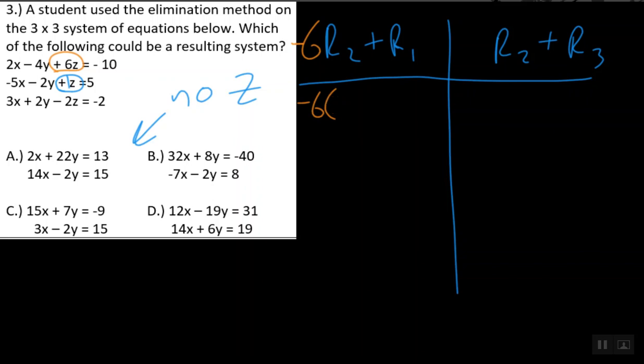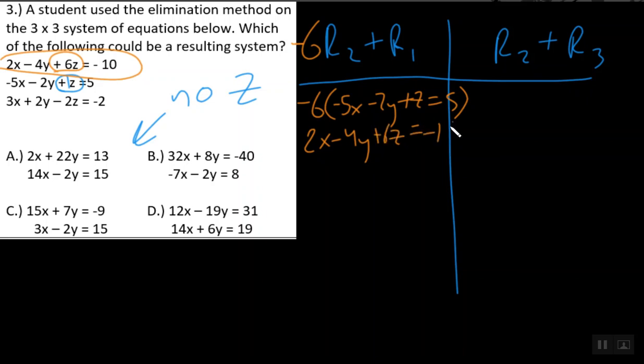So negative 6 times negative 5x minus 2y plus z is equal to 5. And then down here I have my row 1, which is of course 2x minus 4y plus 6z, and that is equal to negative 10.